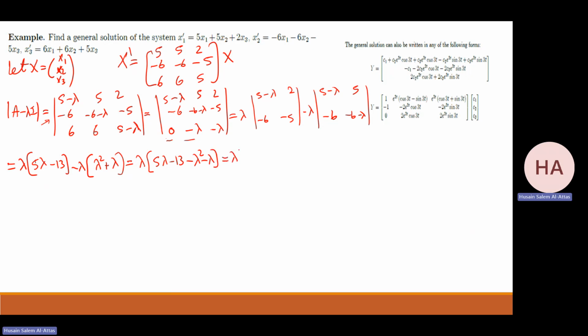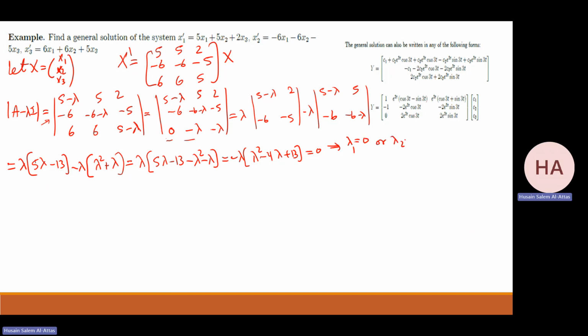So that will be lambda. Take a minus common factor. I have lambda square, 5 minus lambda. This is 4 lambda with a minus sign, minus 4 lambda plus 13 equal to 0. So I have lambda equals 0. Nice.